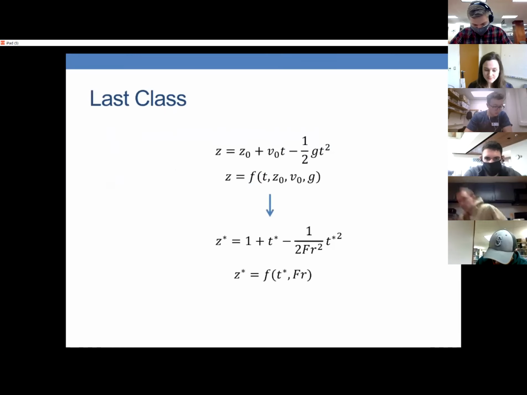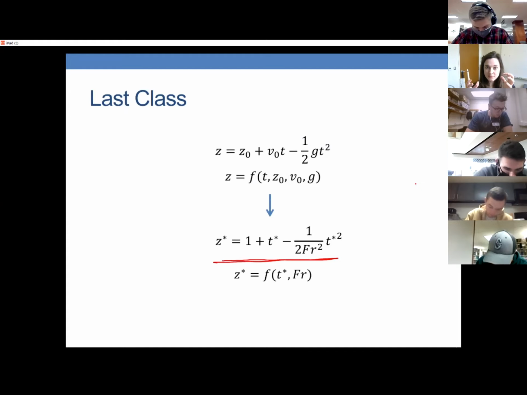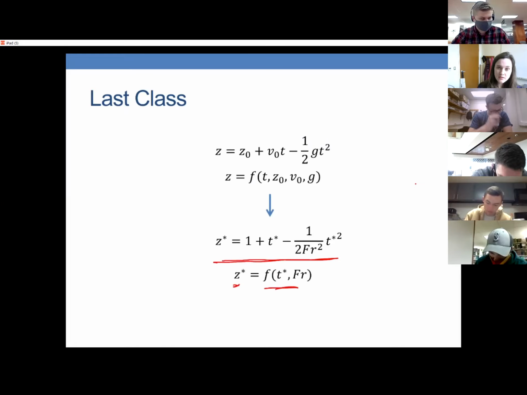So, for example, last class we non-dimensionalized this equation, right? And we got this equation. What this says is that we have three dimensionless parameters, right? We've got z star, t star, and the Froude number, and we know that z star is some function of those other two parameters.